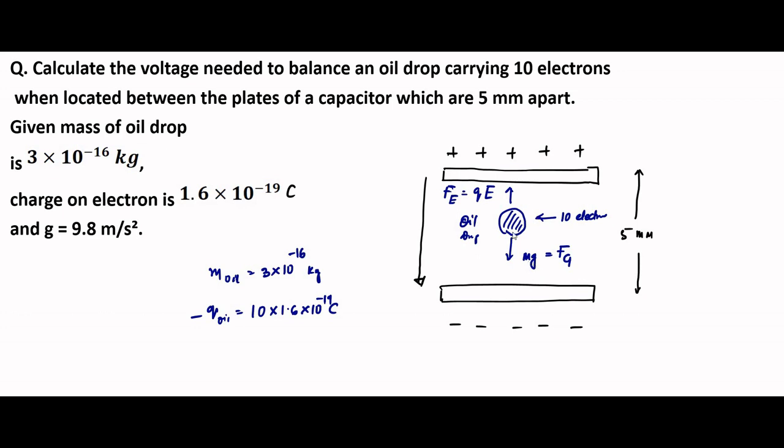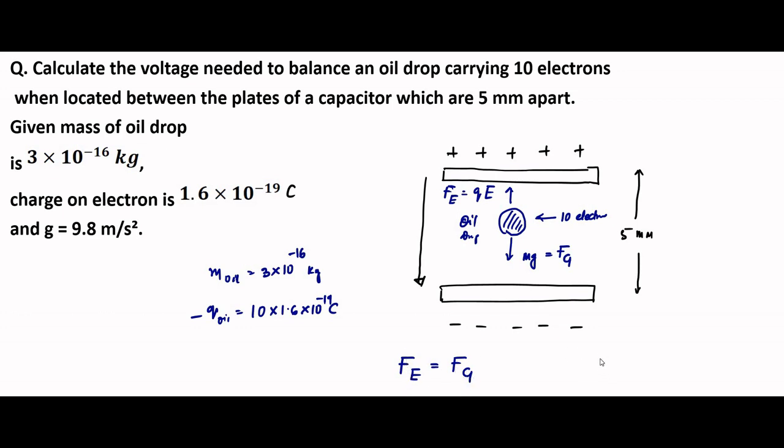So in order for the oil drop to be in balance, stationary, the upward electric force must be equal to the downward gravity force. Fe is equal to mg.